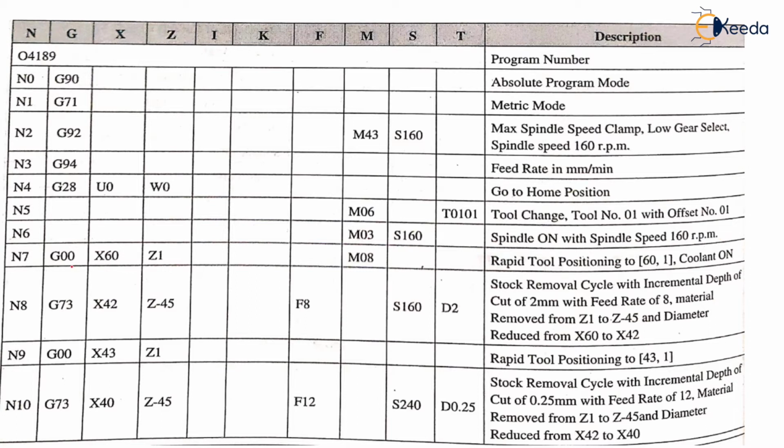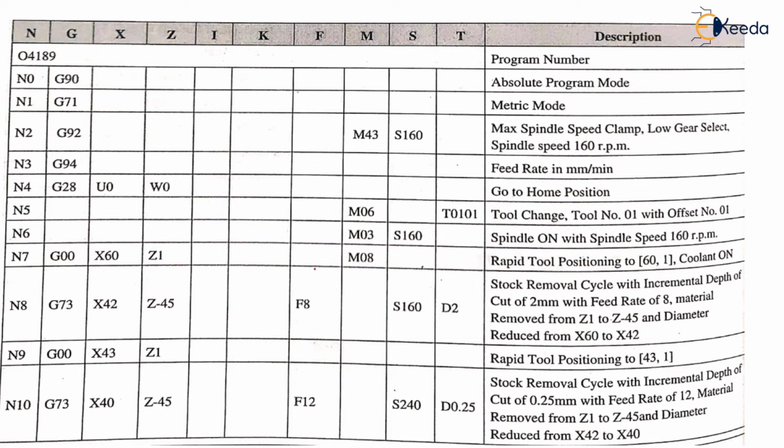Now we are actually doing the rapid positioning and machining. G00 X60 Z1 M08 is a rapid positioning to X60 Z1 with coolant on. M08 is for coolant on. Then we do the stock removal cycle. For the stock removal cycle, here it is G73, as we discussed previously.